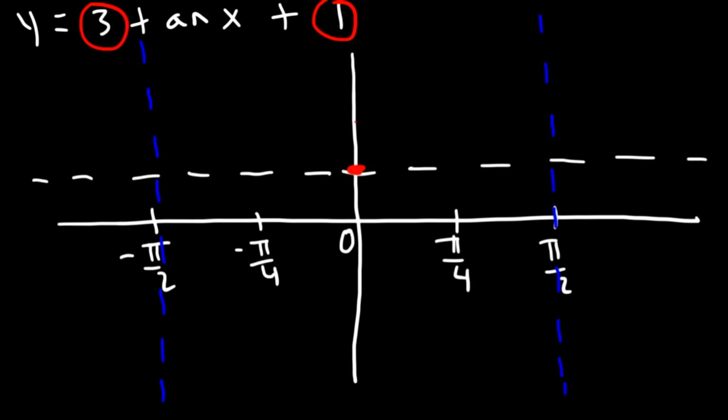So instead of being 1 unit higher than the center line, which is at a y value of 2, it's going to be 3 units higher. So it's going to be at a y value of 4. And tangent is an increasing function. Now on the other side, negative pi over 4 is going to be 3 units lower than 1. So 1 minus 3 is negative 2.